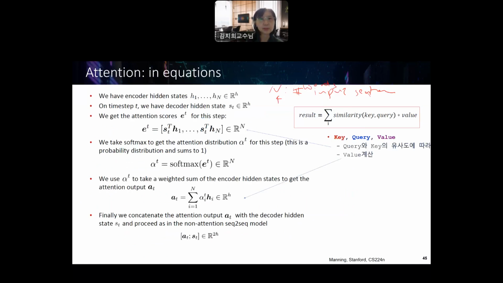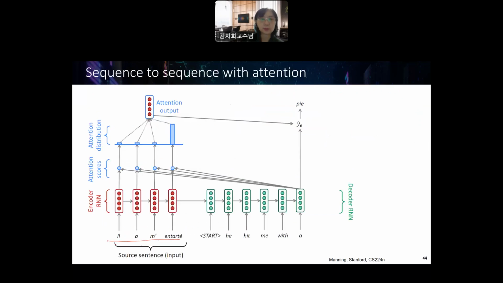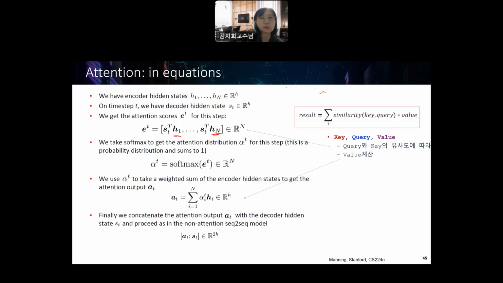And at each time step, we now go to the decoder. For each decoding state, we'll get the attention score for all the individual words in the encoding. So if you are in the initial state, it will be S0, and we'll have attention scores.